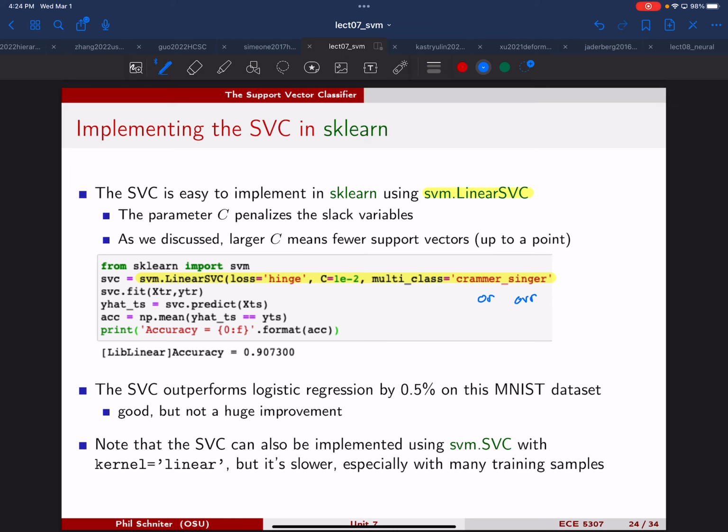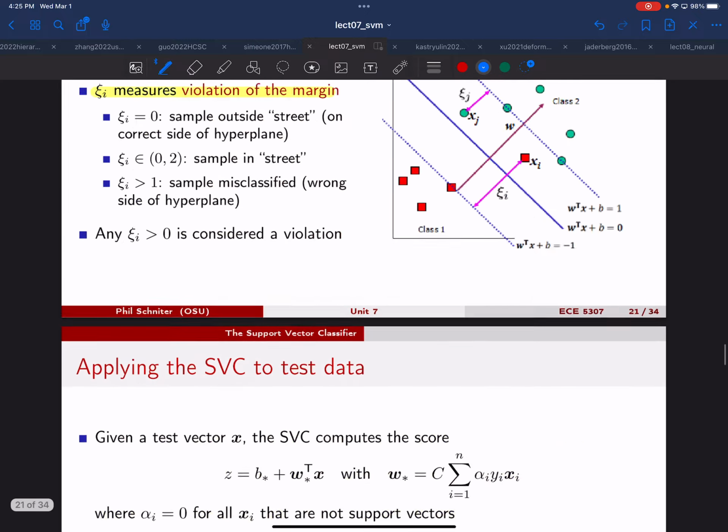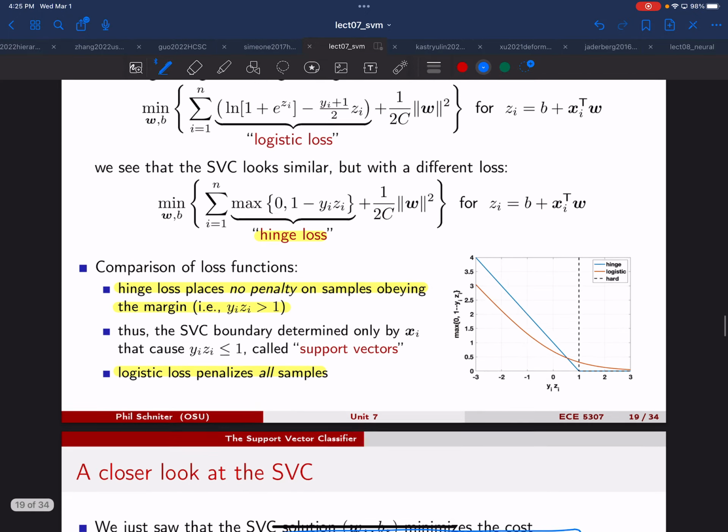There is an interesting thing about the loss. There's this hinge option. And this is actually the thing that we described. But strangely, or maybe surprisingly, this is not the default option. The default option is to actually use a squared hinge. So let me show you what I mean by that just in terms of a picture.